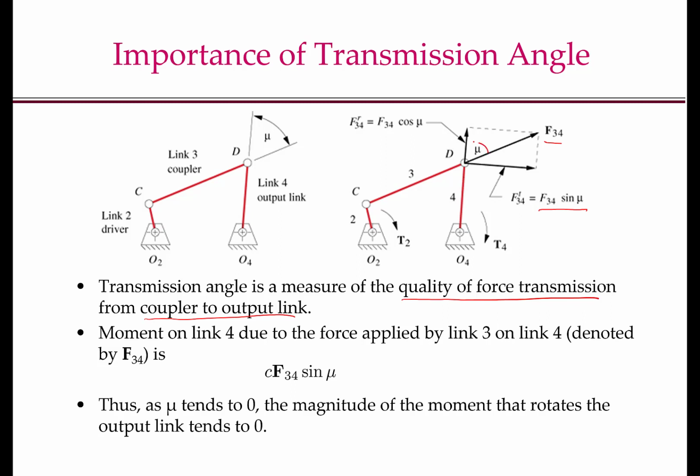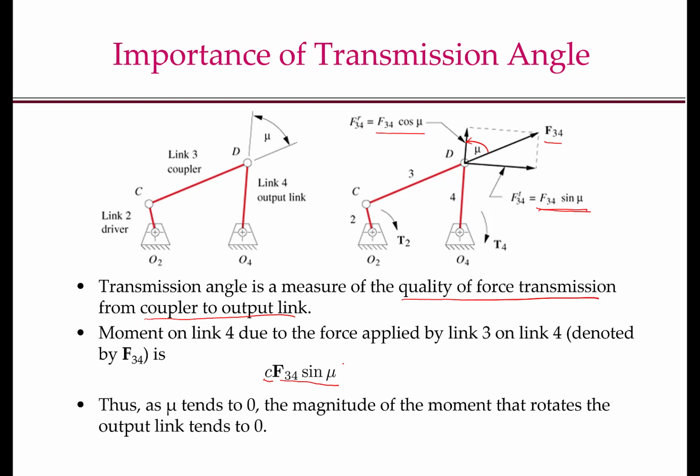Since this angle is mu, the component of F34 along the link 4 is F34 cos mu, and the component perpendicular to the link 4 is F34 sin mu. Therefore, the moment acting on the link 4 that rotates the link 4 is C times F34 sin mu.